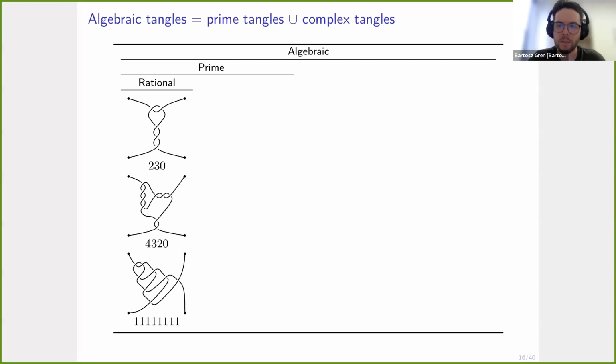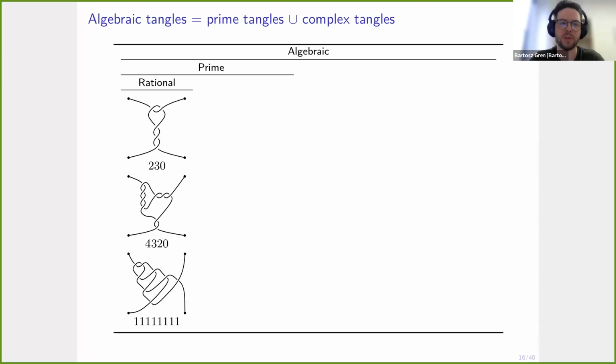The fractions of these rational tangles naturally create a classification of rational tangles. With every fraction, there is some rational tangle connected.